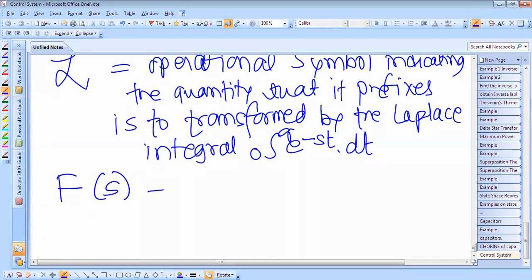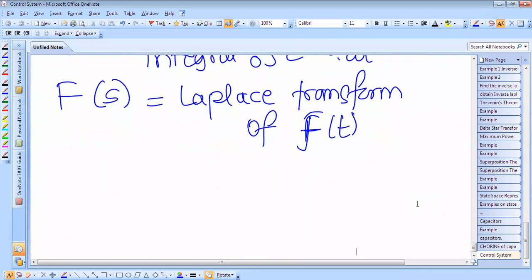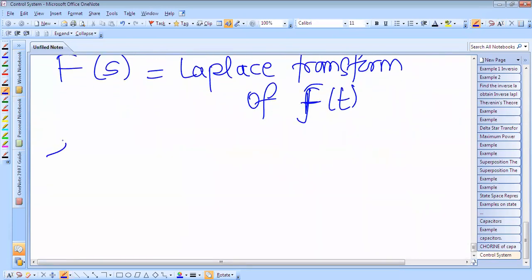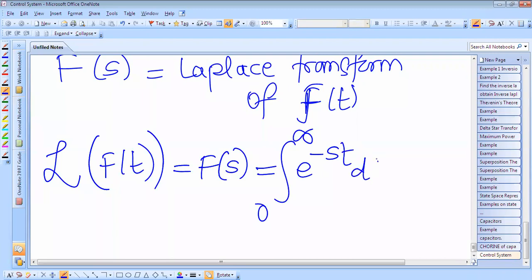F of s is the Laplace transform of f of t. So the Laplace transform of f of t is equal to F of s, which is the integral from 0 to infinity of e raised to power minus st dt into f of t.